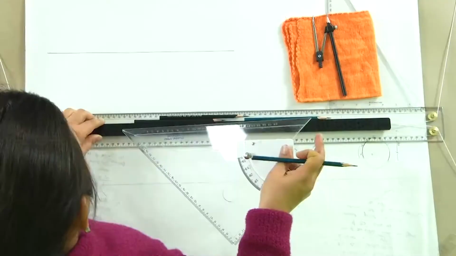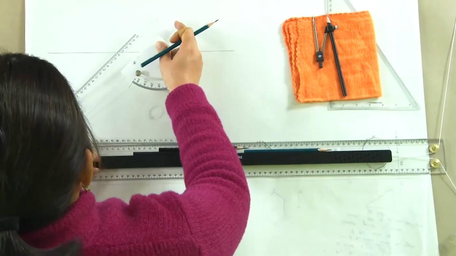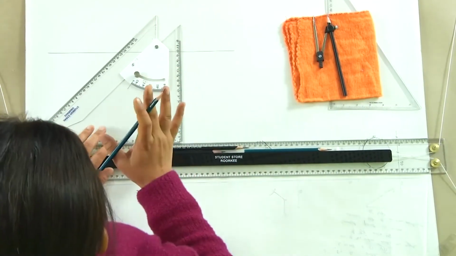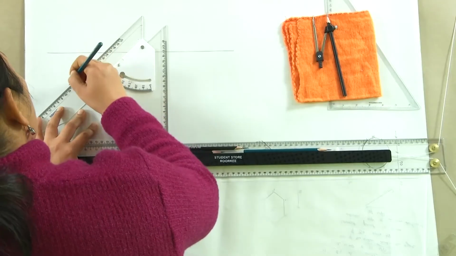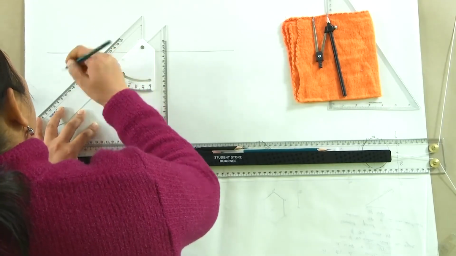Now, this square has one of its points in HP and the rest of the square is going to be inclined. So to begin with, assuming any square size, for example, say 4 centimeter side, let us start by drawing this 4 centimeter side square here.